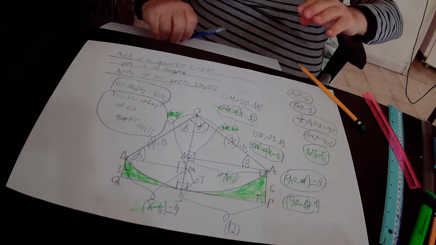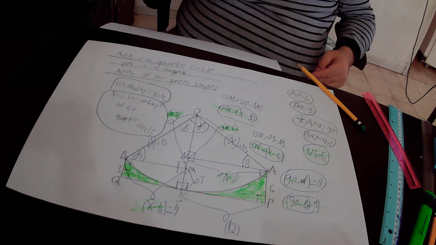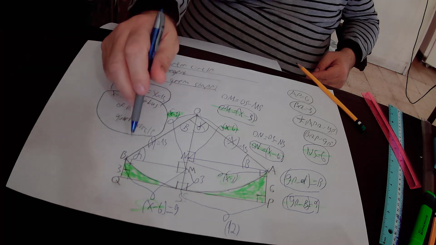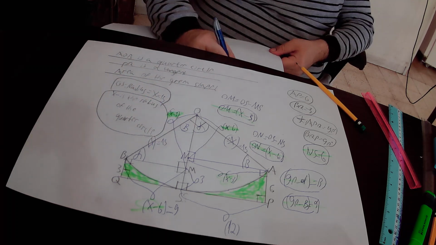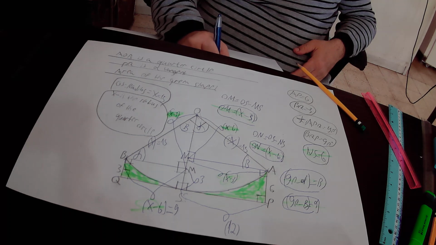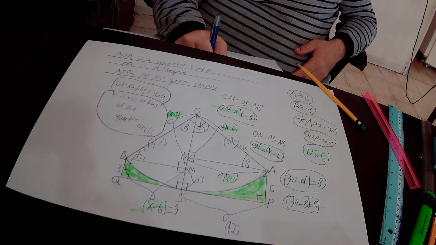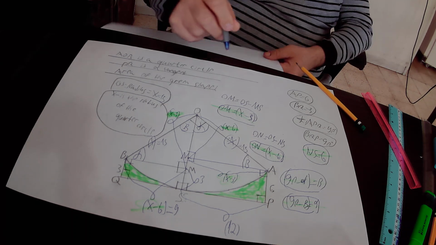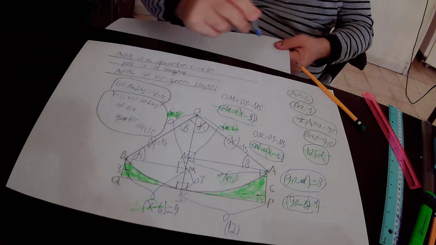So I write it down. The area of trapezoid OBQS plus the area of the second trapezoid OSPA.